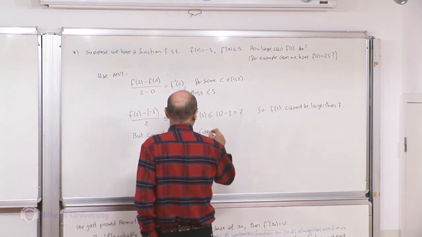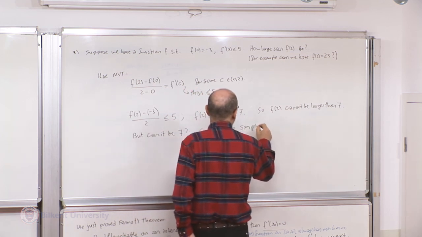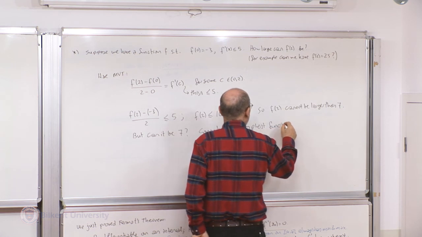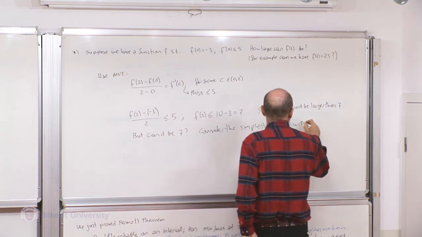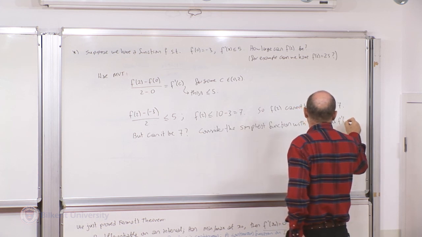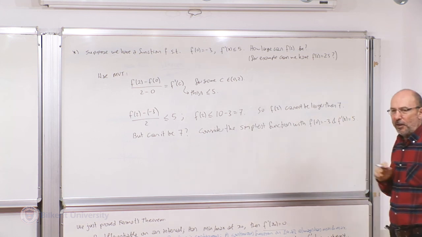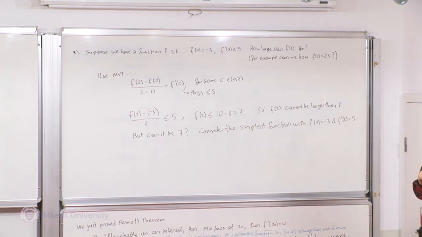So consider the simplest function with f of 0 equals minus 3 and f prime x equals 5. I'm trying to give my function the largest slope, the largest speed of increase.